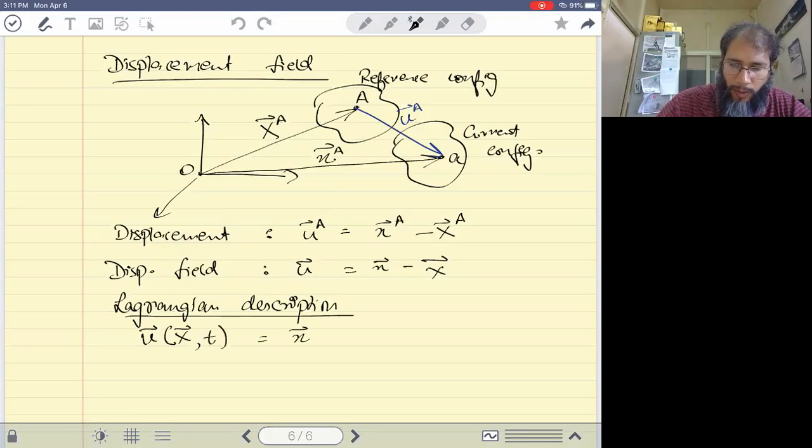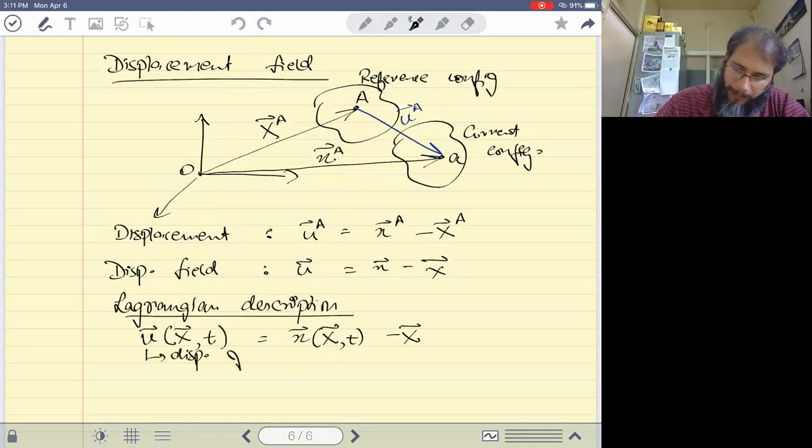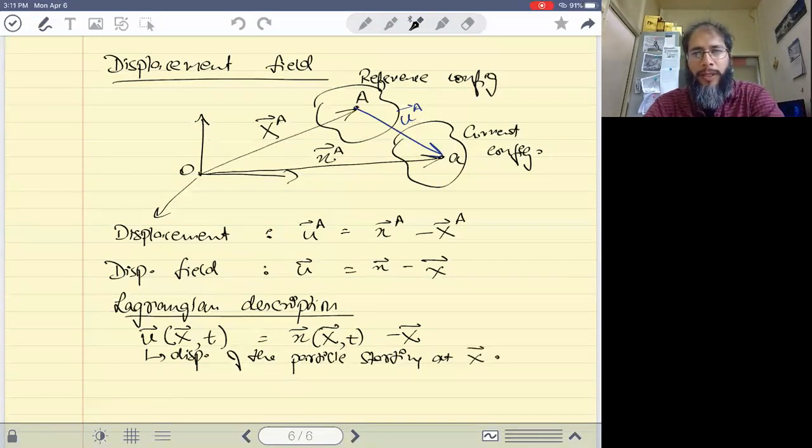So this will be written as small x as a function of capital X and t minus capital X. So it tells us about the displacement of the particle that starts at capital X. So you put any value for capital X, and it will tell us the displacement of that particle which was at capital X location initially.